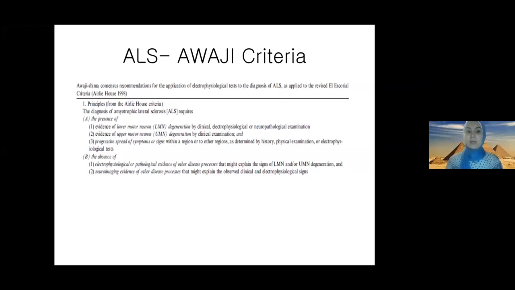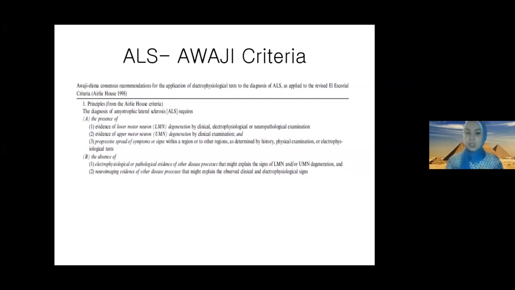And then the symptoms and signs must be progressive. I can document that in the disease process, and I would only respect it in the absence of any electrophysiological or pathological evidence of any other disease.